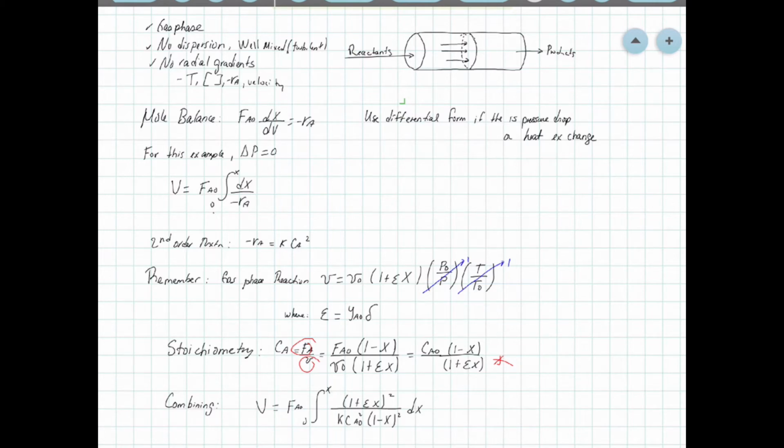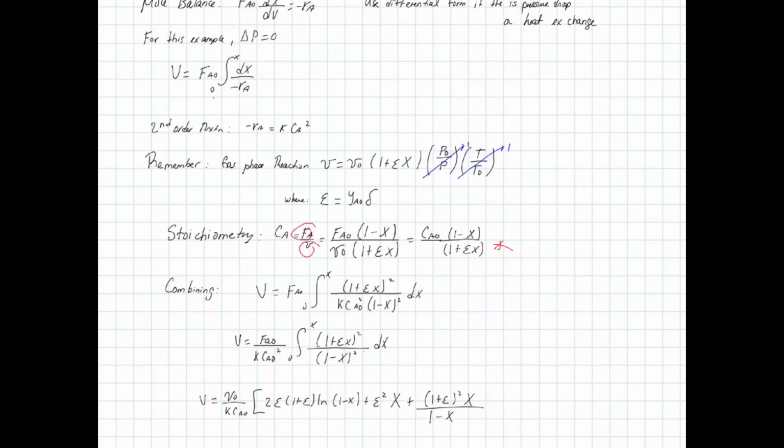Combining and substituting this into the definition for the volume obtained from the mole balance, we get this expression. Now we group together terms that are constant. We get that the volume integral form looks like this, and we are ready at this point to do the integration.